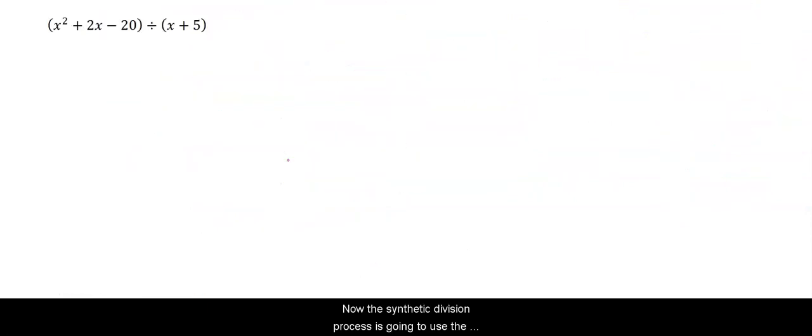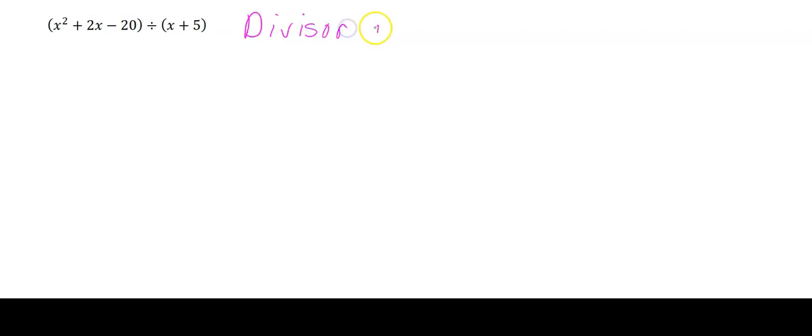Now, the synthetic division process is going to use the coefficients attached to the dividend and the solution associated with the factor of the divisor. Let's look at it in pieces. If the divisor is x plus 5, then what would the solution to it be?